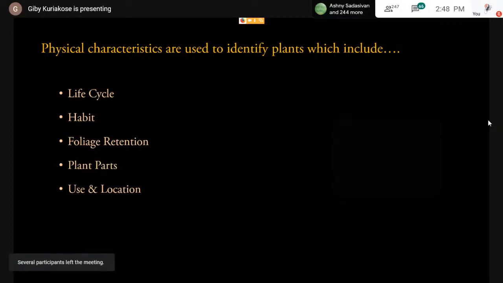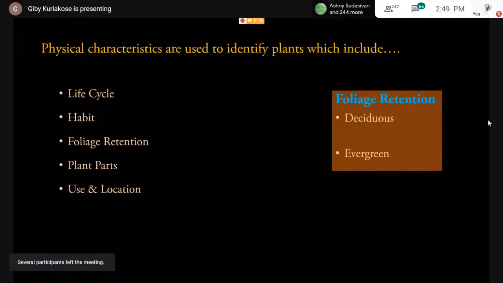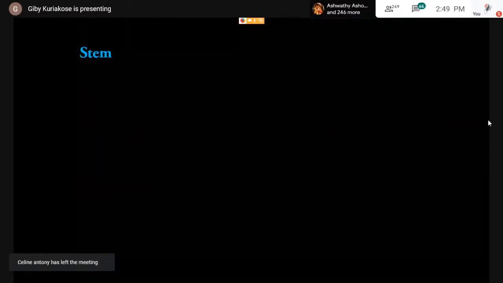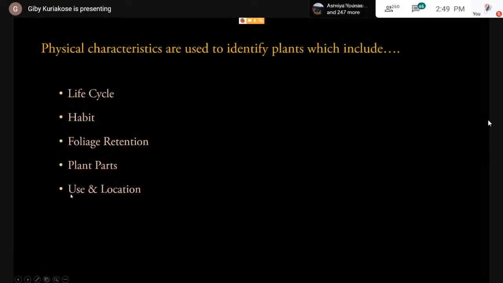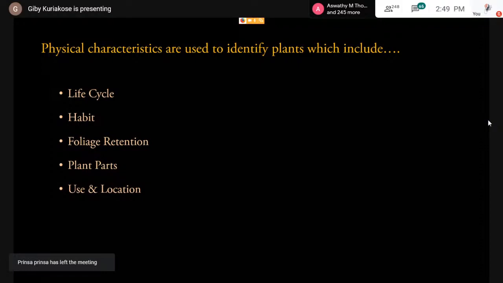Foliage or retention capacity, deciduous or semi-evergreen or evergreen. Use and location also. Biogeography is very important. Although it is not mentioned in the characters, it might be required if there are two candidates for a particular specimen, then you have to look at whether it is distributed in Kerala or some other places only.